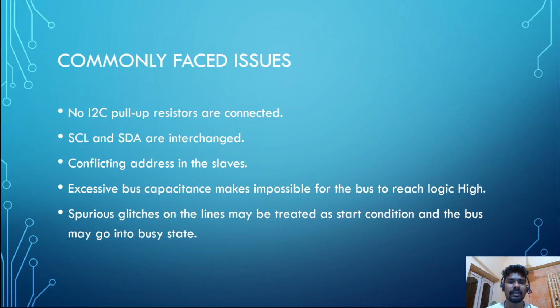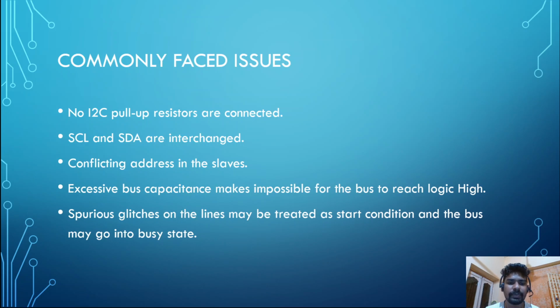If there are conflicting addresses between slaves, we may need to change their addresses if possible, otherwise we may need to use multiplexers. If there is excessive bus capacitance that makes it impossible for the line to reach logic high, we may need to put in bus extenders, or connect some of the devices to a different I2C bus.